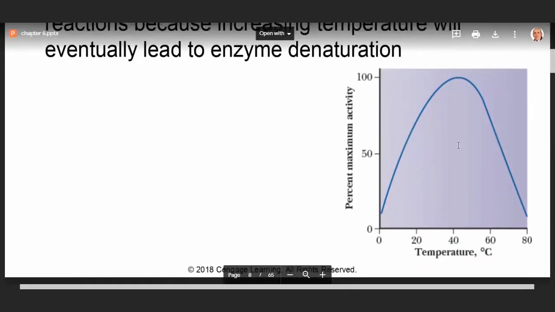Remember, this is the optimum temperature for enzymatic activity. For us, it is around 37 for our body. This is the optimum temperature in our body. But after that, if you increase the temperature more, then the activity drops due to enzyme denaturation.